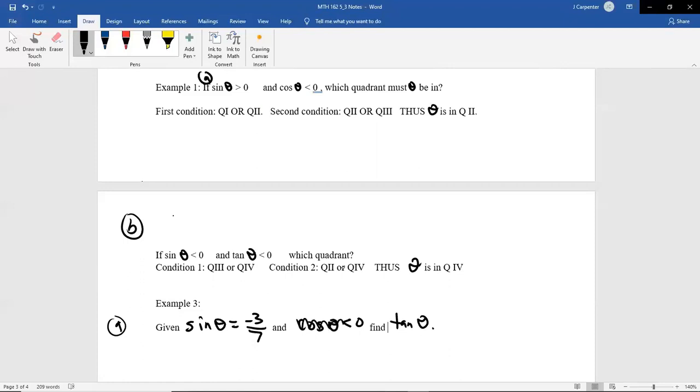Without this second condition, if the sine is negative, that means we're going down, that means we're in quadrant 3 or 4. But you can't tell me the tangent of it because you don't know if you're in 3 or 4. The answer could be positive something or negative something. It depends on whether you're in quadrant 3 or 4. So that's why we needed the second condition that I temporarily scribbled out.